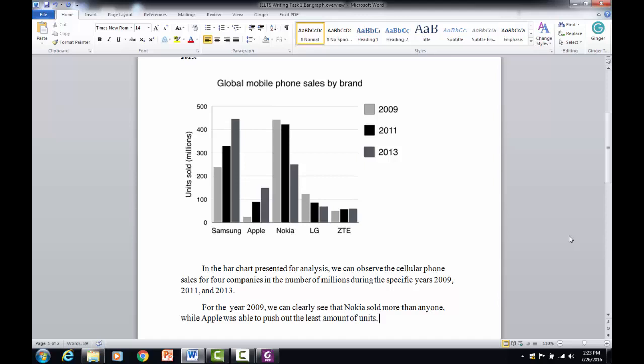Right? So there's our first sentence for 2009, and then we're going to repeat that process for 2011.